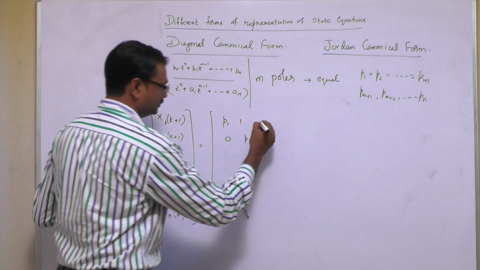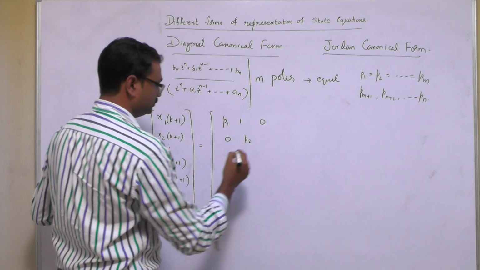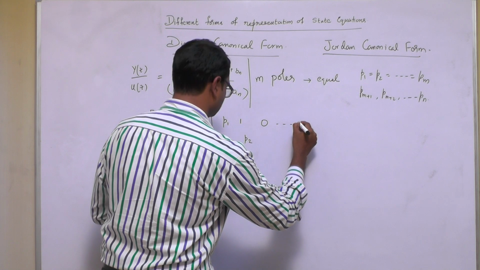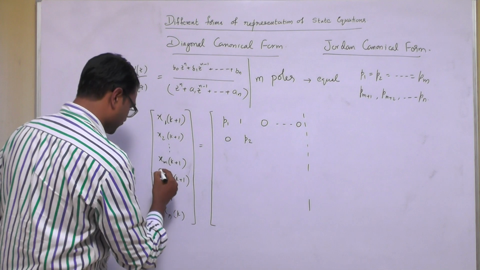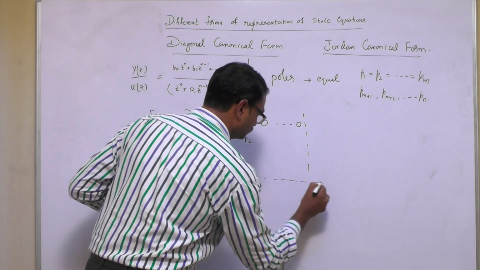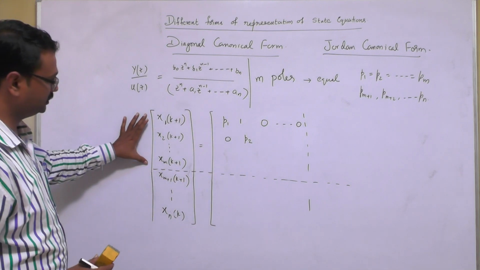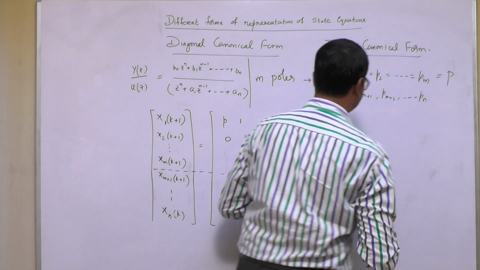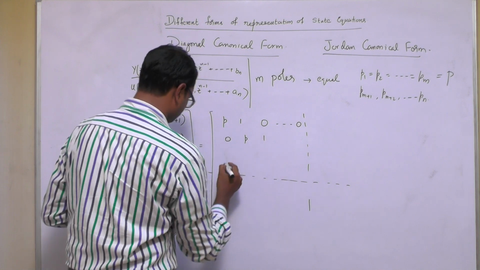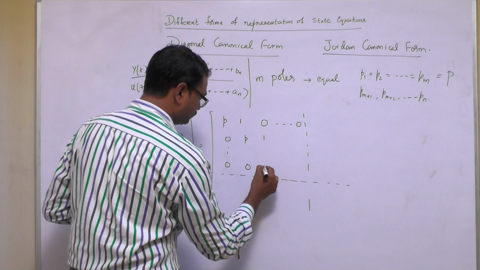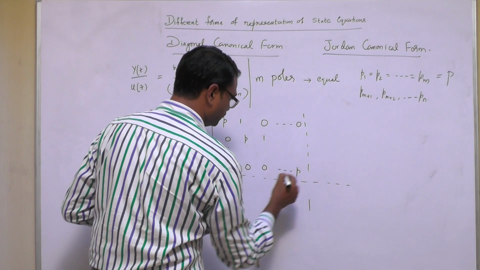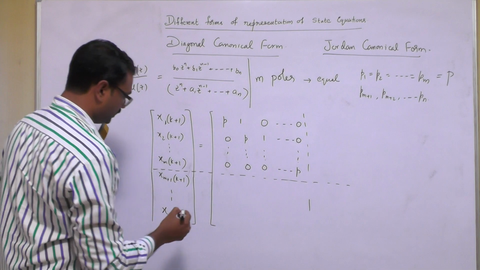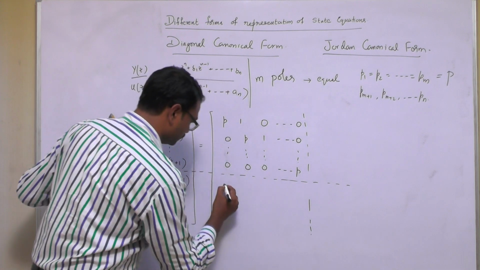I'll try to divide this into equal parts here, so that all these Pm values you can consider to be a single value P1, then 0, 0, 0, the last value P. Again all these other values are zeros.